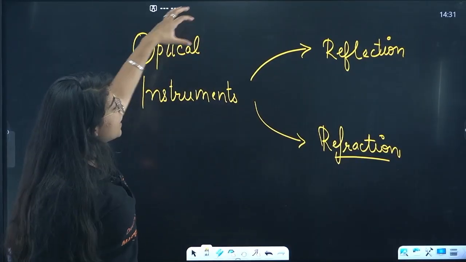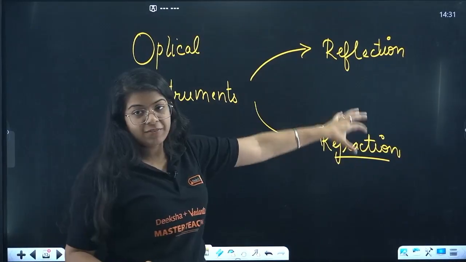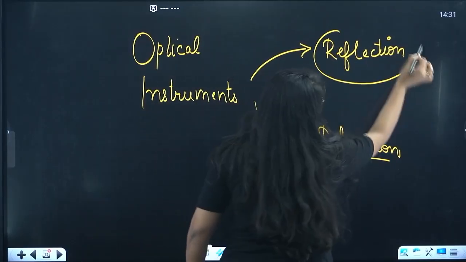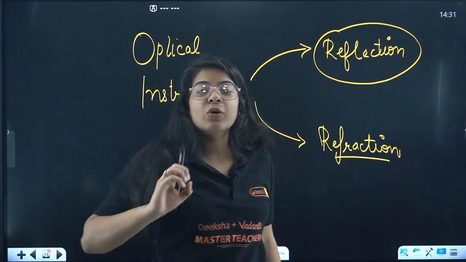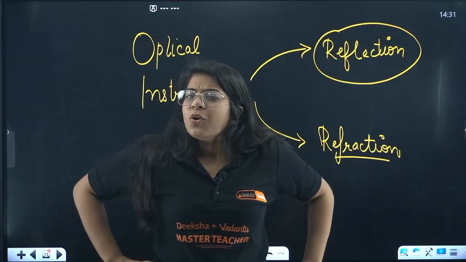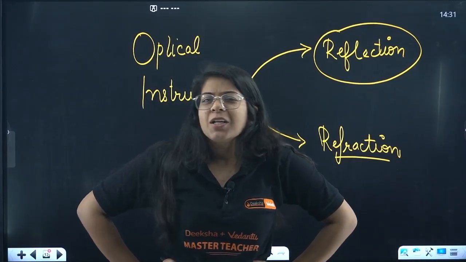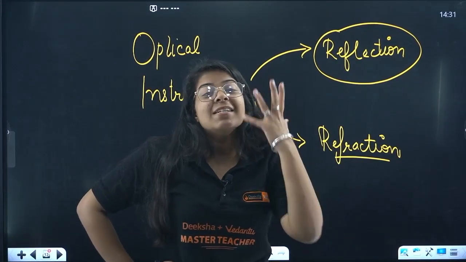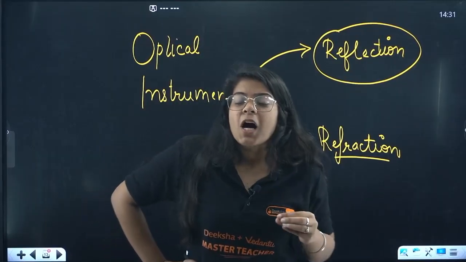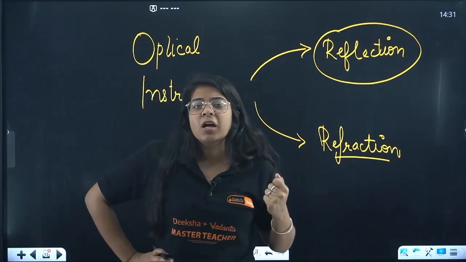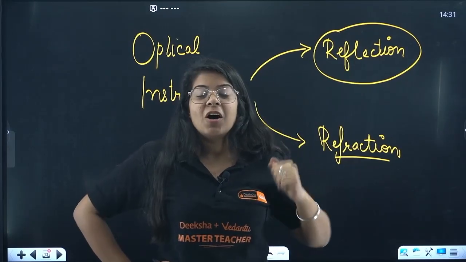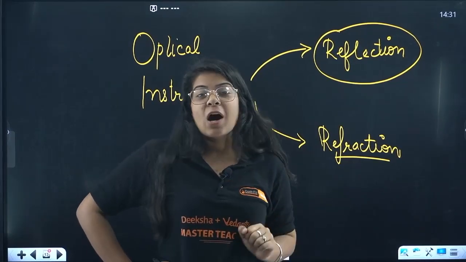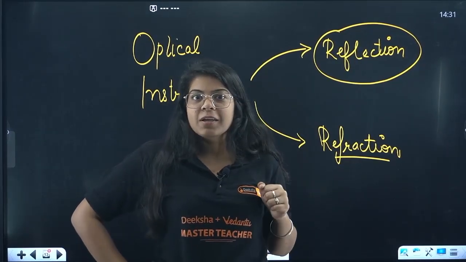Okay, back here. Now beta, optical instruments, reflection, refraction, we are now studying reflection. Now you tell me, light is bouncing back, going into your eyes. Do you know some kind of optical instrument that does that? That is our mirror. You wake up every day, you brush your teeth, you comb your hair, you put some makeup on, you check your outfit, you make a get ready with me video.